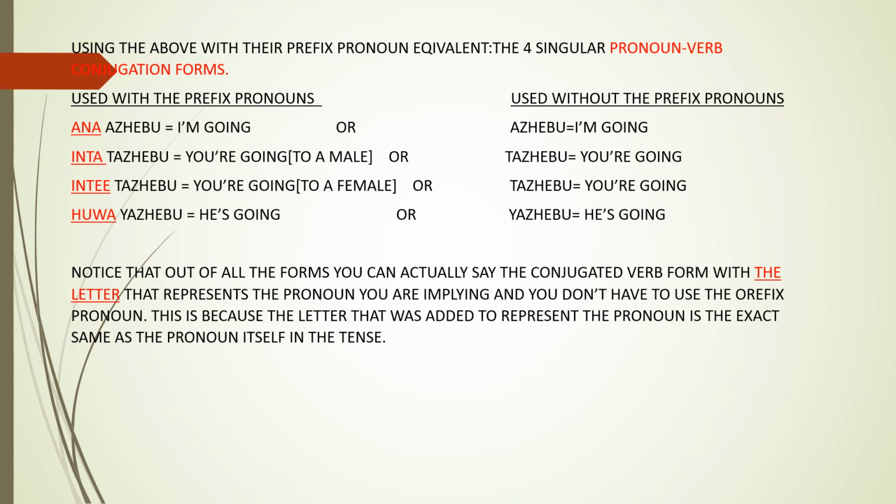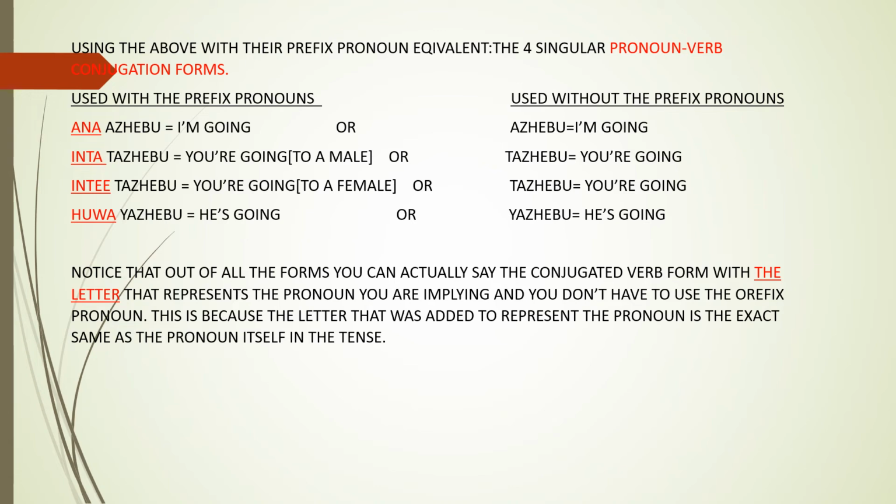Yazhibu karha, he's going with her. Yazhibu hawali harakun, he's going around the corner. Yazhibu ila beithu, he's going to his house. Notice that out of all the forms, you can say the conjugated form with the letter that represents the pronoun you are implying, and you don't have to use the prefix pronoun. This is because the letter added to represent the pronoun is the exact same as the pronoun itself in the tense.